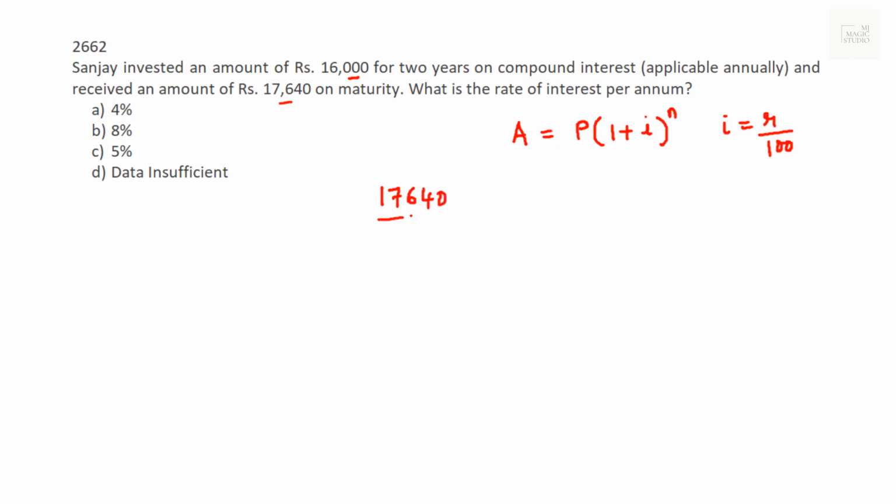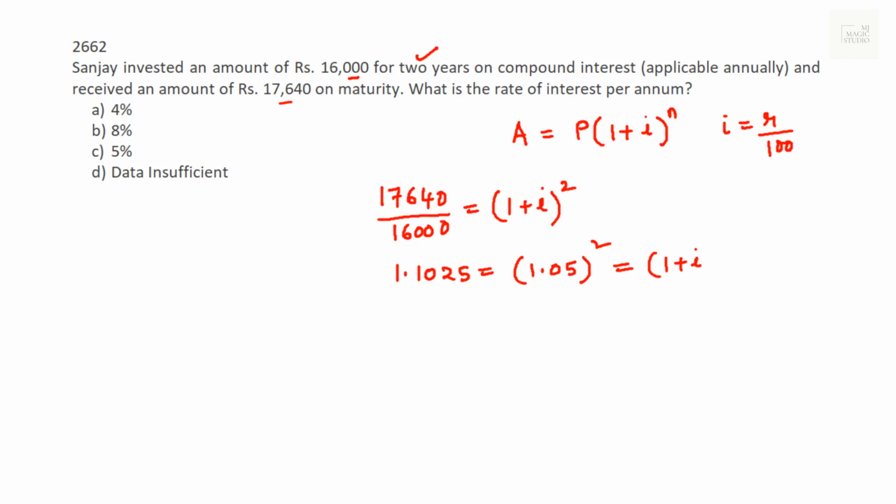17,640 by P, or 16,000, is equal to (1 plus I)^n. We are looking for the value of I, and it's been invested for 2 years, so n is 2. If I divide 17640 by 16,000, I'll get 1.1025, which happens to be 1.05 whole square.